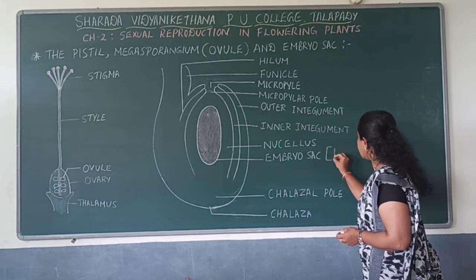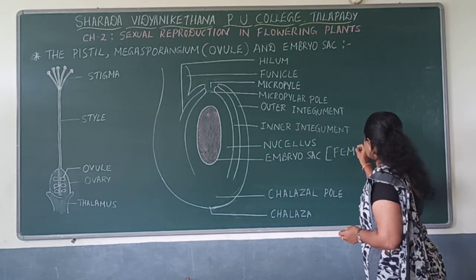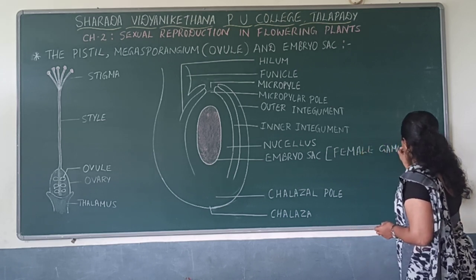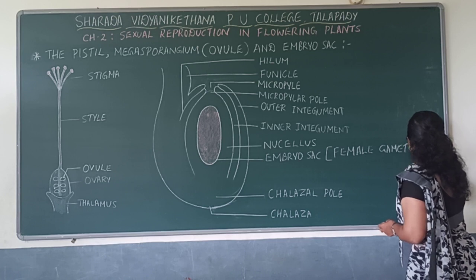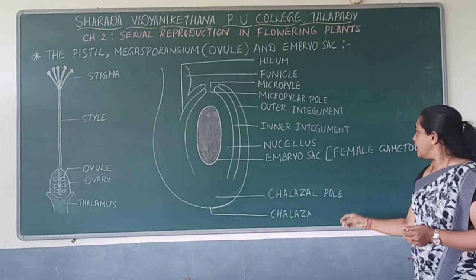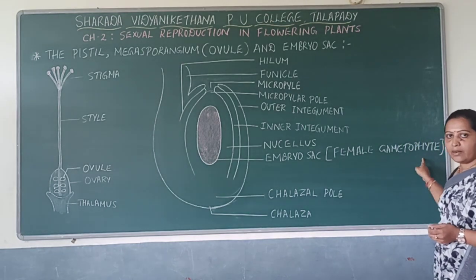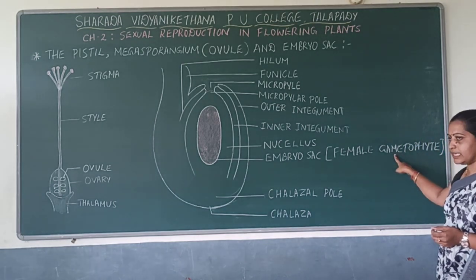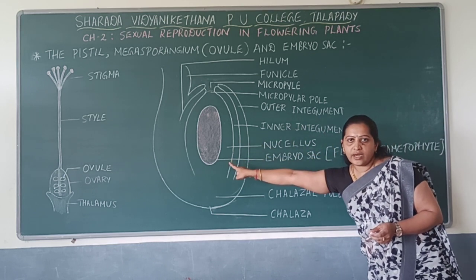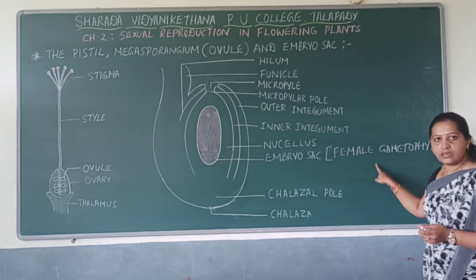What is embryo sac? Embryo sac is the female gametophyte of an angiosperm. What do you mean by the term gametophyte? Gametophyte is a plant body which produces gametes. What type of gametes are formed inside this gametophyte? Female gametes are formed.